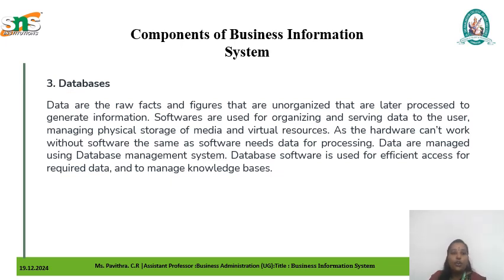The data are raw facts and figures that are unorganized, and later they are processed to generate information. Software is used for organizing and serving data to the user, managing physical and virtual storage of media. So the data are managed using a database management system. The database is the set of interrelated data, and these interrelated data are gathered using the database management system.